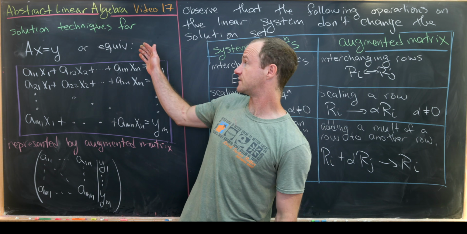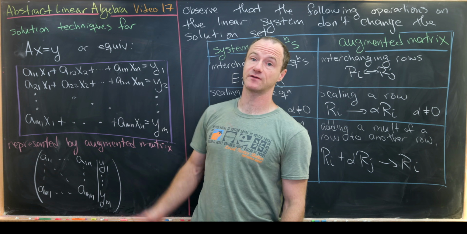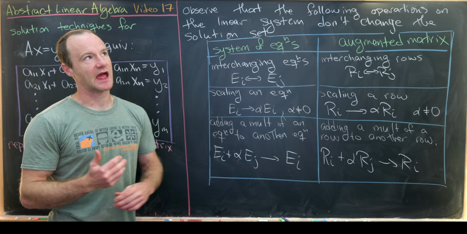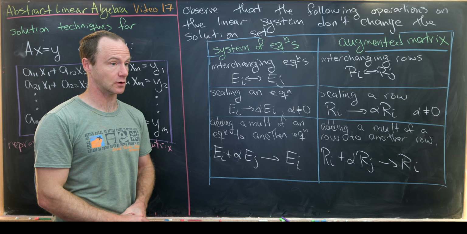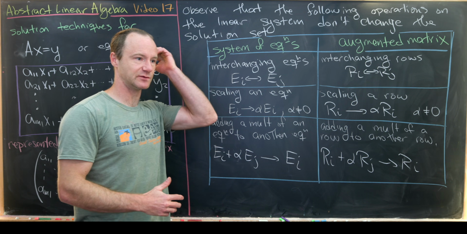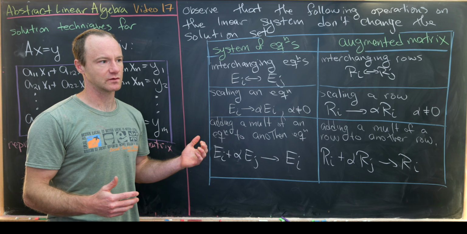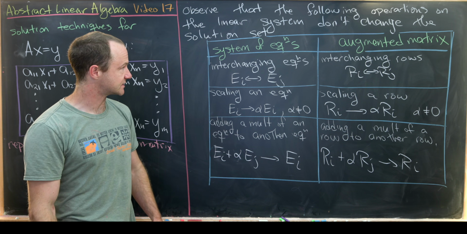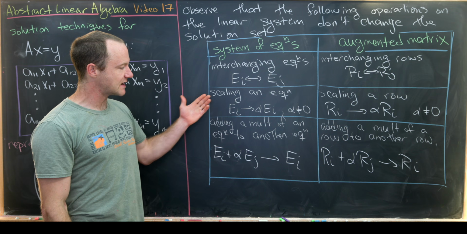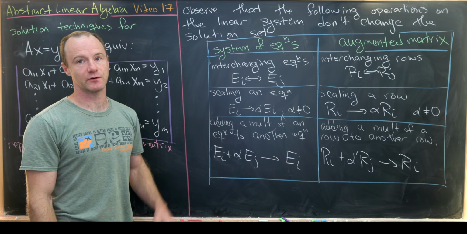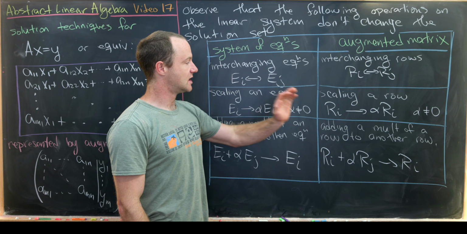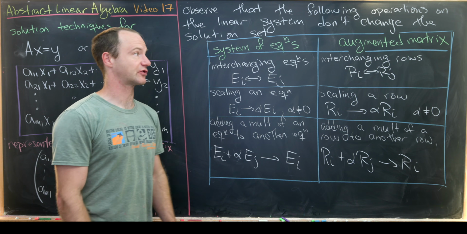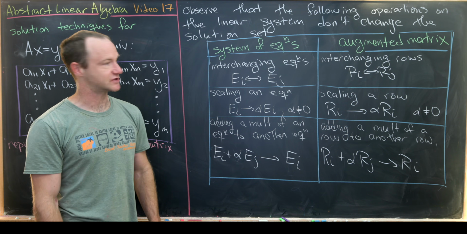So our goal is to find the solution set for a system of equations. And the strategy for working towards this goal is to simplify that system of equations until we can really just read off the solutions. Okay, so there are three main things that you can do to a system of equations that will not change the solution set. And like I said, those can be mapped over to three operations on the augmented matrix.